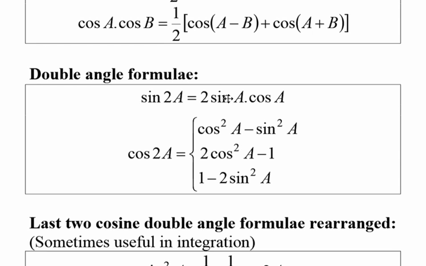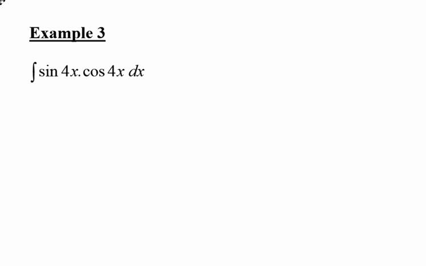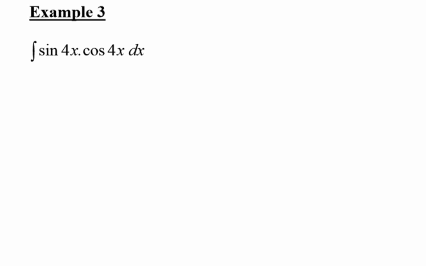I can rearrange it, dividing both sides by 2. So this becomes a half sine 2a, or sine 2a over 2, is equal to sine of an angle times cos of an angle. So let's use that. Make our life a lot easier. So it's the same as integrating a half sine. Remember, it's 2 times the angle, and in this case, the angle is 4x.